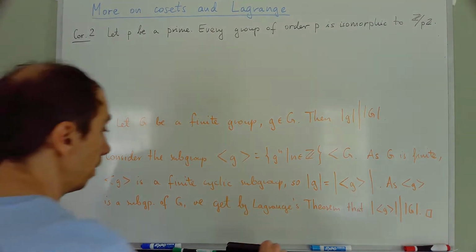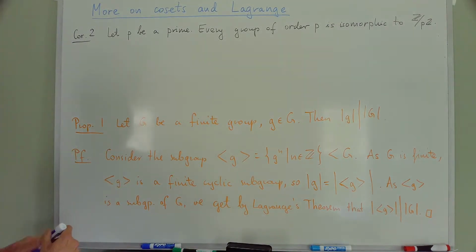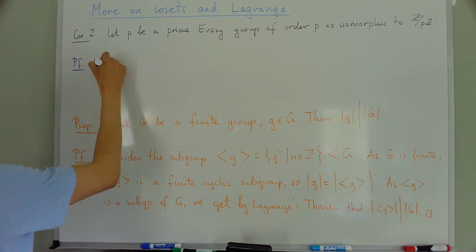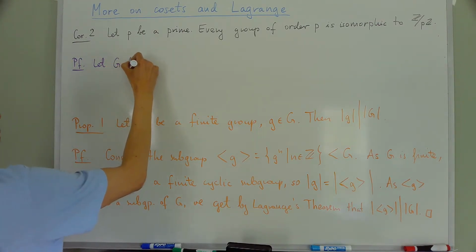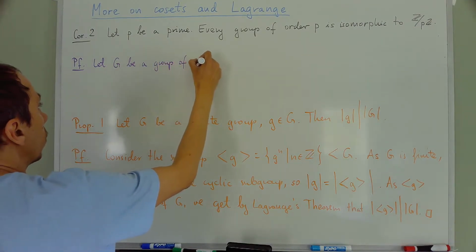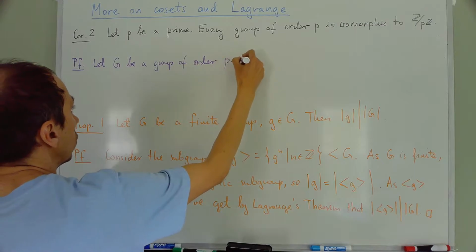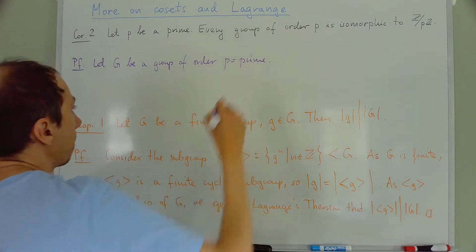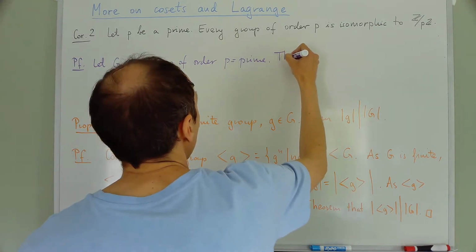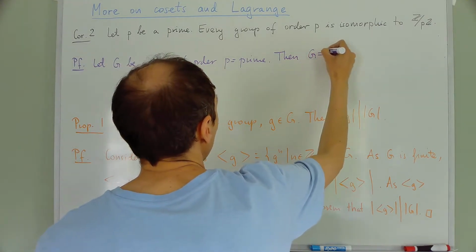How do you prove this? So proof, let G be a group of order p, which is prime. Well, then G is not the trivial group.